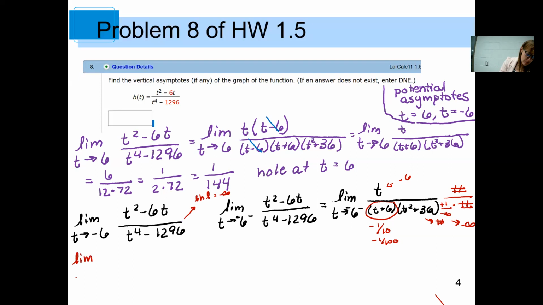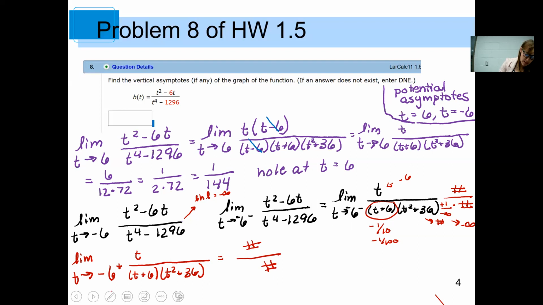And if I look at the limit as t approaches -6 from the right, I'm going to fast forward ahead to t over (t plus 6)(t squared plus 36). Again we're looking at that constant over constant, and then what's happening for that t plus 6?